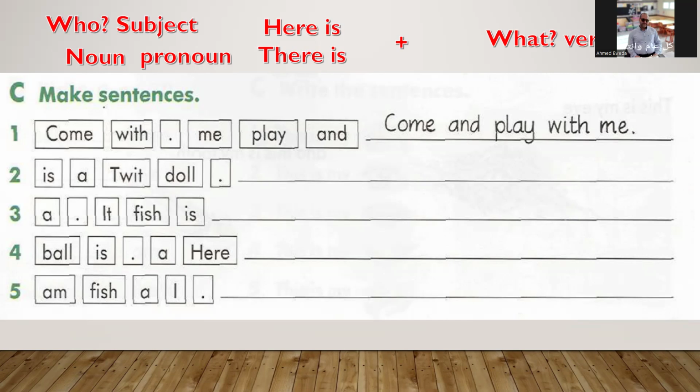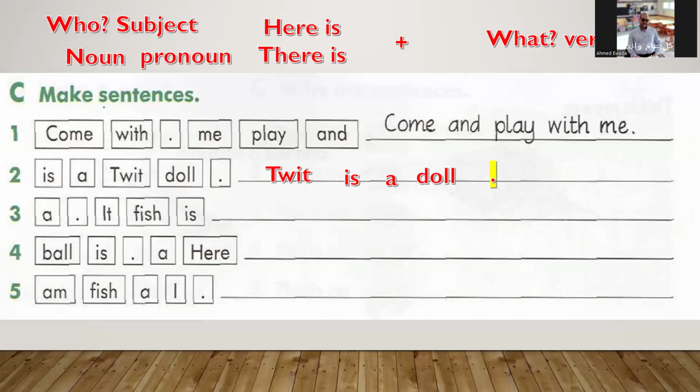Let's take number 2 for example. We have the subject, it's a name, Twit, yes, and then the verb is. Twit is a doll.